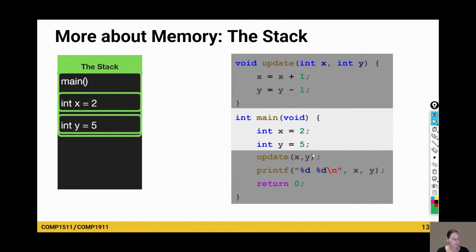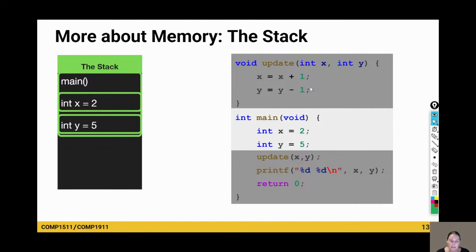But now we're calling another function, update, and we're passing in copies, basically just the values 2 and 5. In that update function, by chance, they're also called x and y, because this is a situation that particularly confuses people. So that's why I gave them the same names.